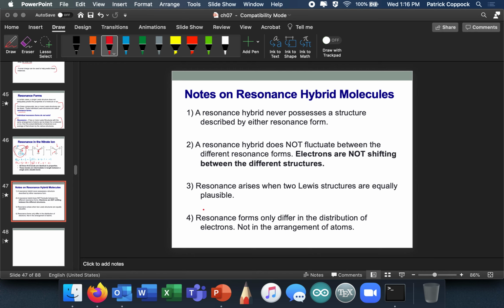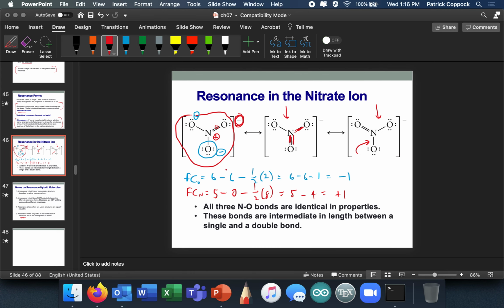And finally, resonance forms only differ in the distribution of electrons, not in the arrangement of atoms. In other words, the atoms are all connected exactly the same. It's only the electrons that are moving around. Here are some resonance structures, and you see the atoms themselves don't move.